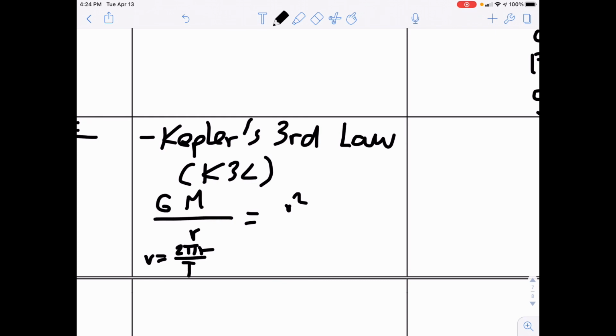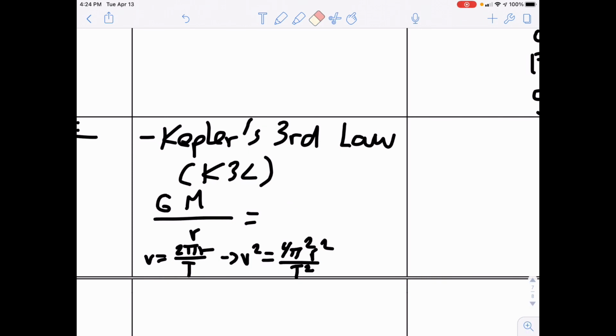Now, even though Kepler's first law states that planetary orbits are elliptical, they're close enough to being circular to apply uniform circular motion principles. And so if v equals 2 pi r over t, and we have to substitute for v squared, then v squared would be equal to 4 pi squared r squared over t squared.